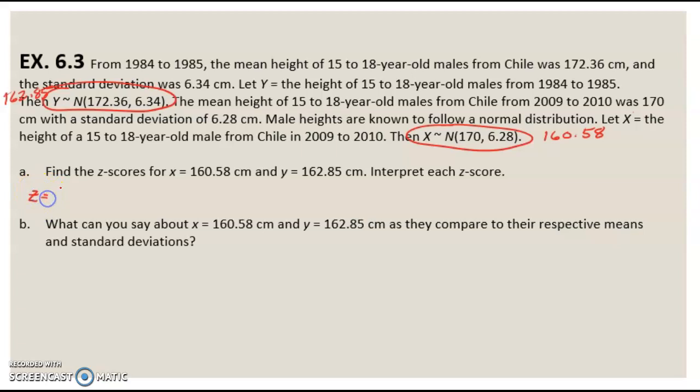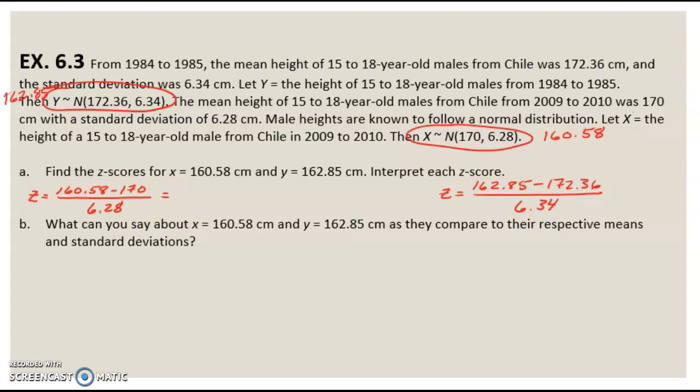The z-score equals 160.58 minus 170 over 6.28. To get the z-score for y, it was 162.85 minus 172.36 over 6.34.